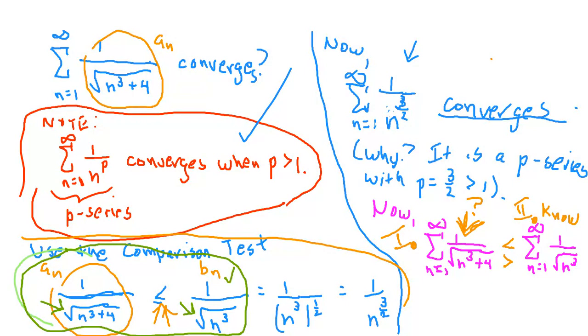And therefore, the series that we're interested in, where we have the term 1 over the square root of n cubed plus 4, has to be less than the p series, right? I want to make sure everybody's comfortable with this. Is this okay? Less than.